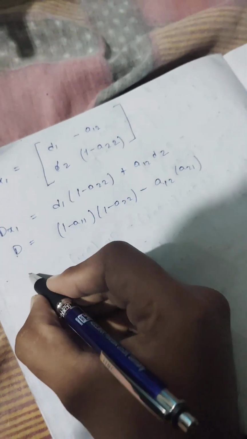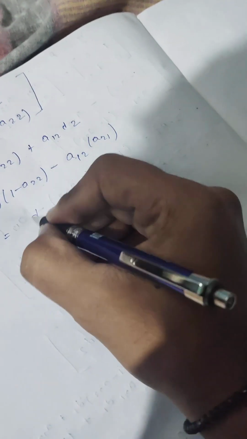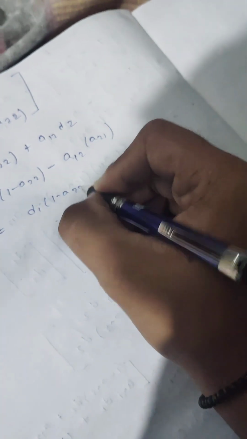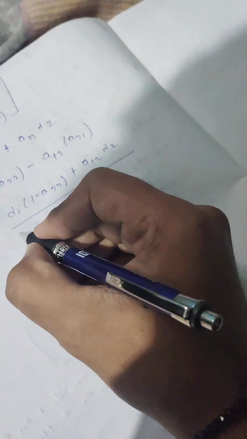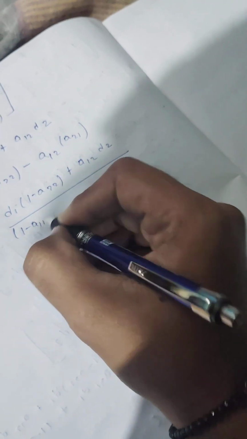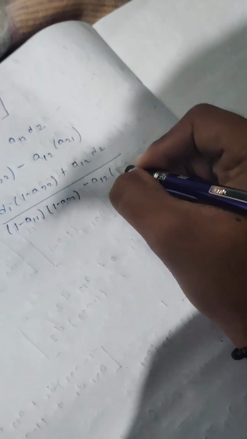In order to take out x1, x1 is equal to Dx1 over D. Very simple. Dx1 is d1 multiplied by (1 minus a22) plus a12 into d2, divided by (1 minus a11) multiplied by (1 minus a22) minus a12 into a21.